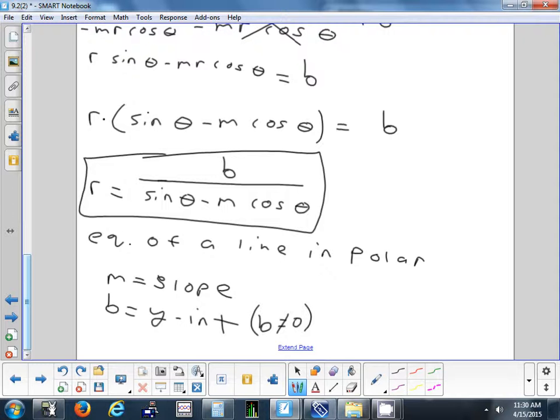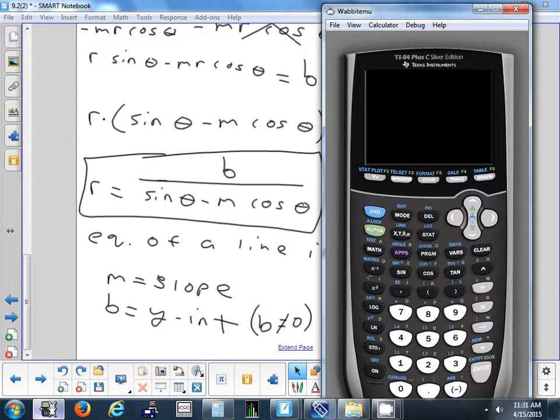In y equals mx plus b you can. That would represent a line that goes through the origin. But if you put 0 in for b, 0 divided by anything is always 0. So your equation would become r equals 0. You'd be drawing a picture that has a radius of 0 all the time. That won't work.